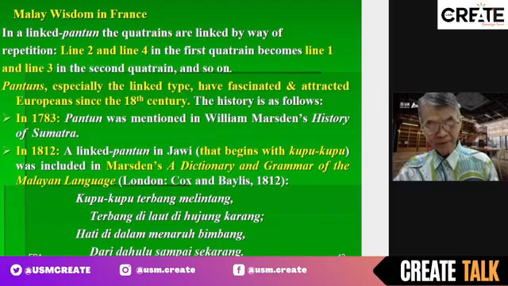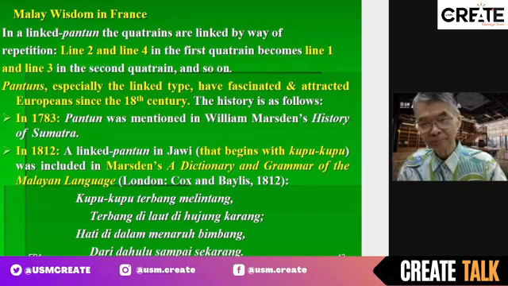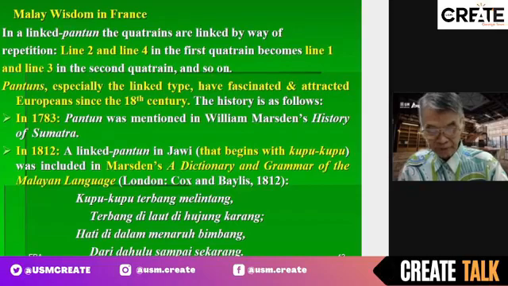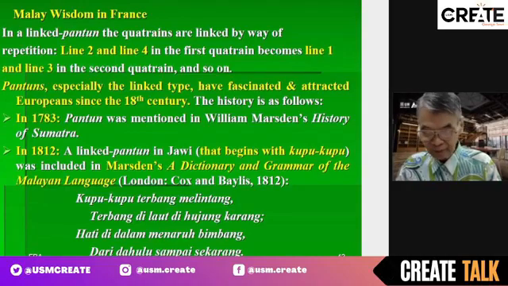In 1783, the term pantun was mentioned in William Marsden's History of Sumatra. He just mentioned it, just like that, in passing. Then he came back to pantun in 1812 by picking up a linked pantun in Jawi and having it included in his book, which is actually a dictionary and grammar of the Malayan language, published in London in 1812.